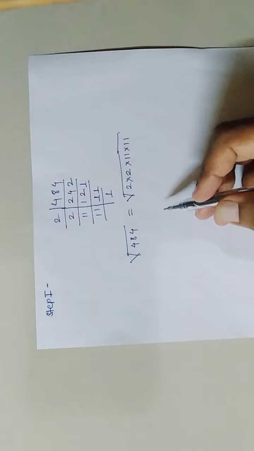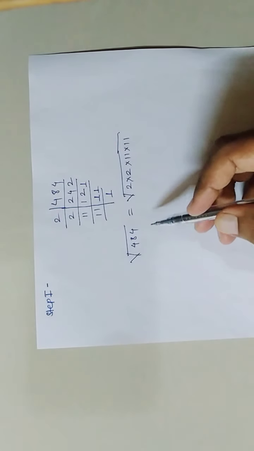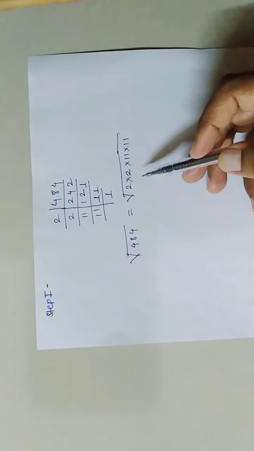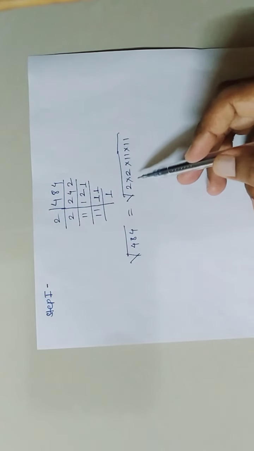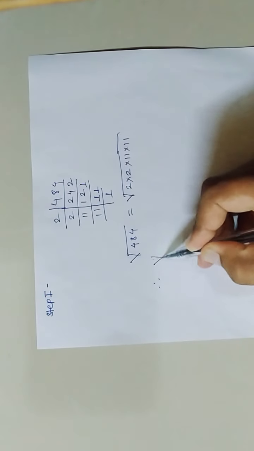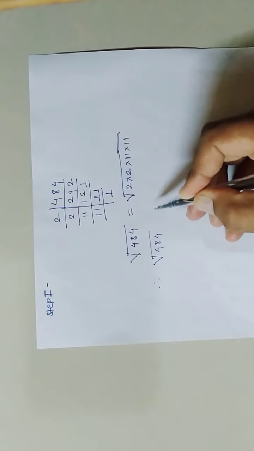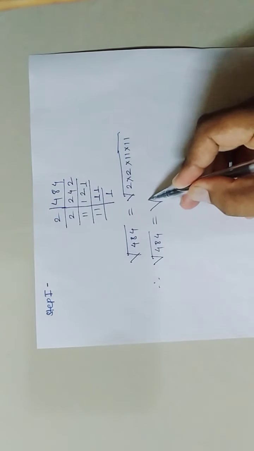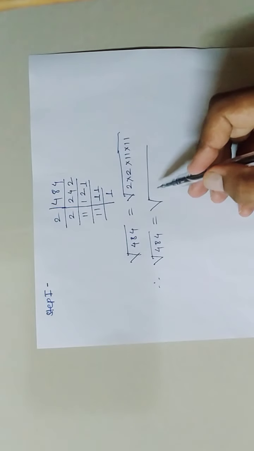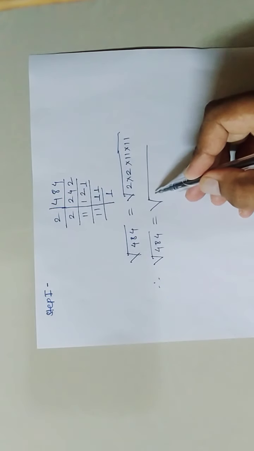Now we will make pairs such that both the factors in each pair are equal. Therefore the square root of 484 is equal to, in the square root, the factors in each pair are equal.